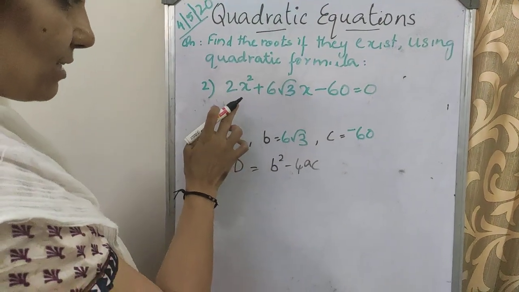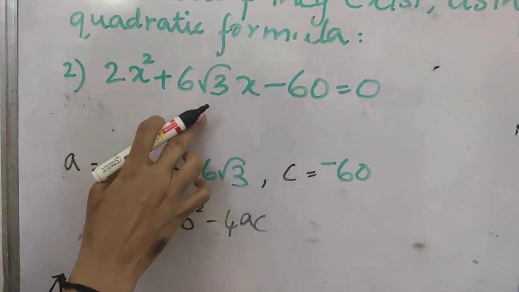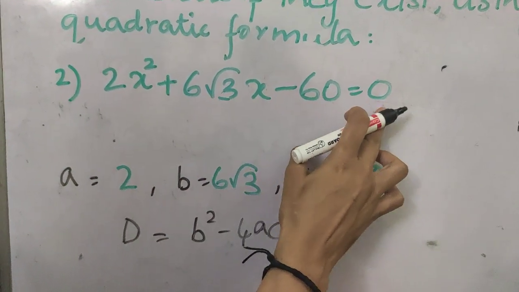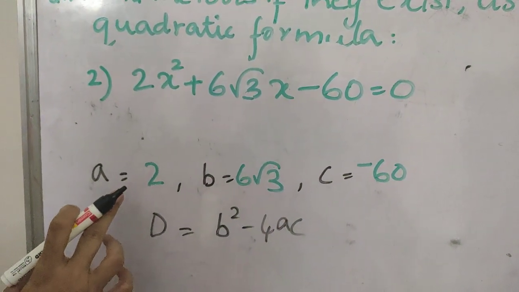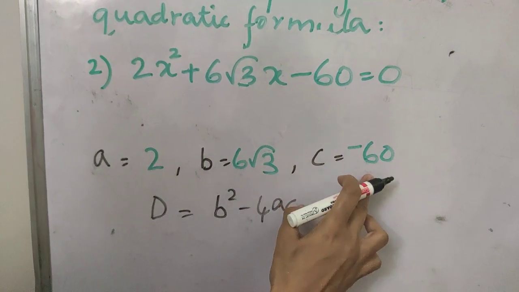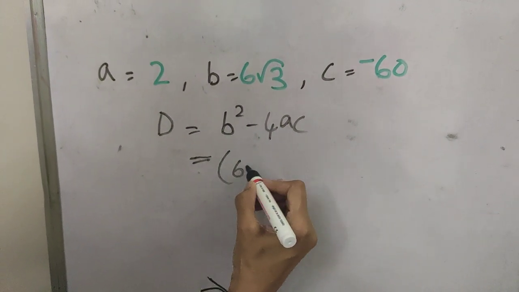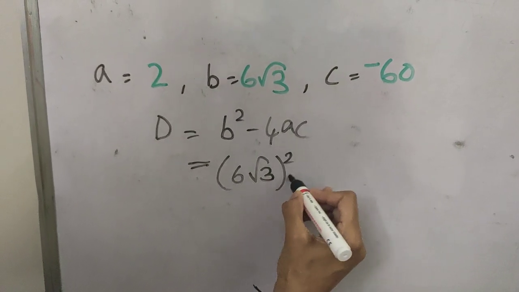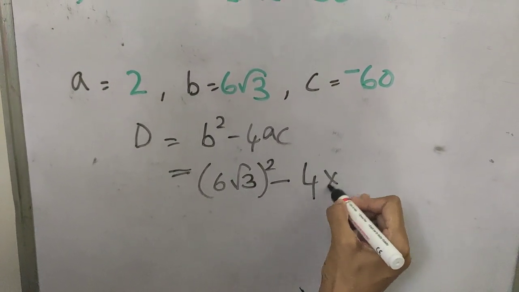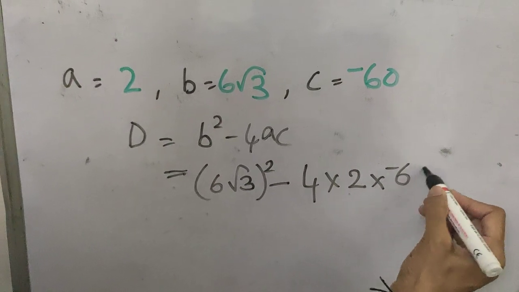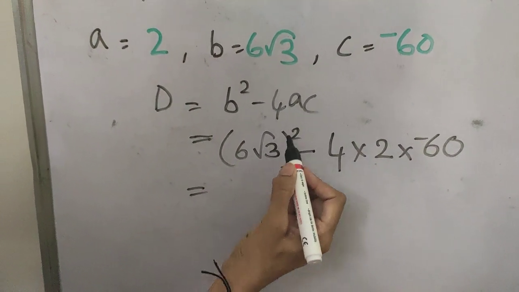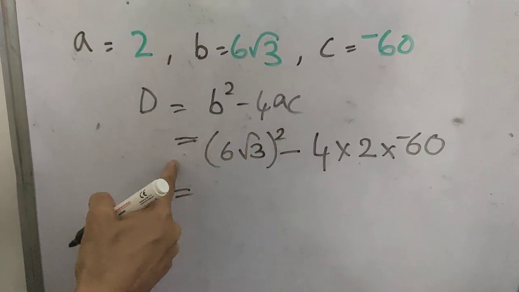Let's see the next question. 2x square plus 6 root 3x minus 60 equal to 0. I have written the values of a, b and c. Again, we'll find the discriminant. What is b here? 6 root 3. So, 6 root 3 the whole square minus 4 into 2 into minus 60. What is 6 root 3 whole square? 6 square is 36.